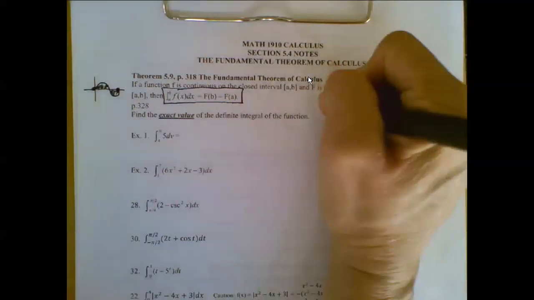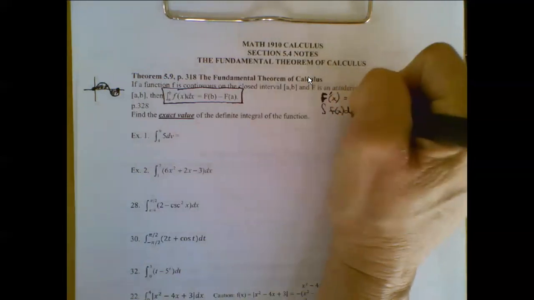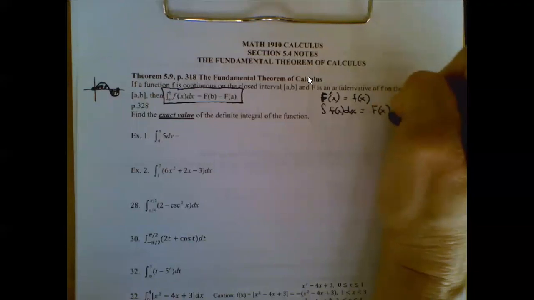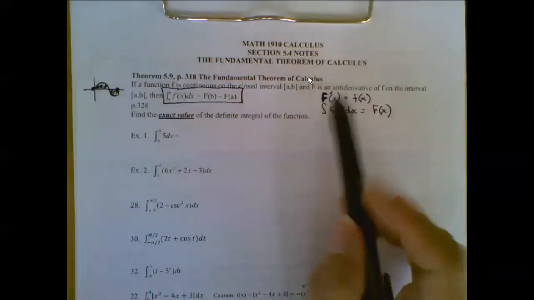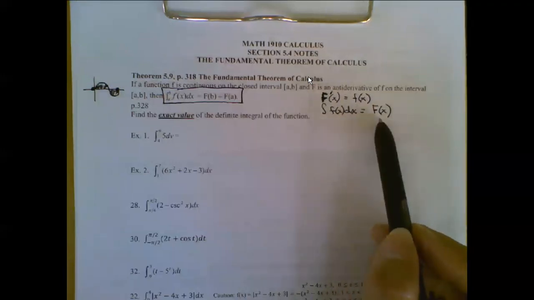And then we integrate that little f of x. It gives us back the big F of x. So here's differentiating, and here's anti-differentiating.